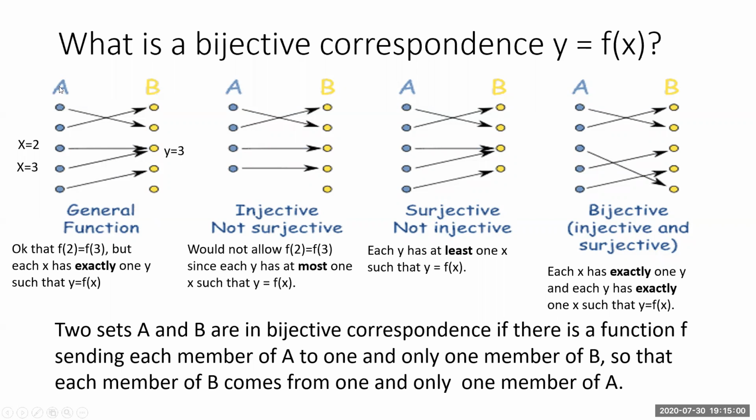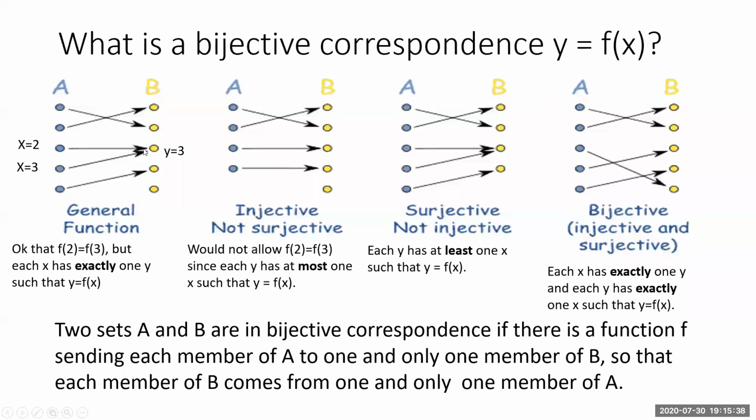So in this picture, A is the domain and B is the range. And it's okay if two different x values get sent over to the same y value. So in this picture, maybe this is x equals 2 and this is x equals 3, but they both go over to y equals 3. Two different x's go over to the same y, and that's okay in a function.